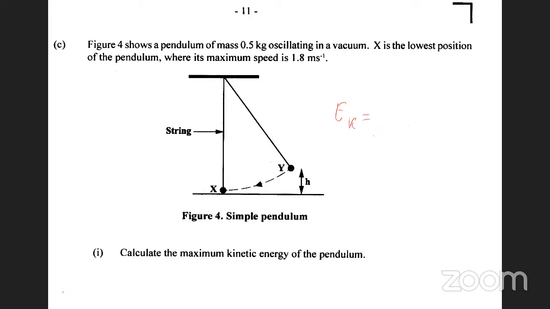Half mv squared, right? So the mass is 0.5 and the velocity is 1.8 squared. How much is that? Anybody else got 0.81? Yes, sir. So the maximum kinetic energy is this part right here.